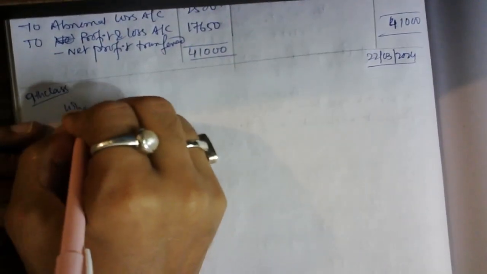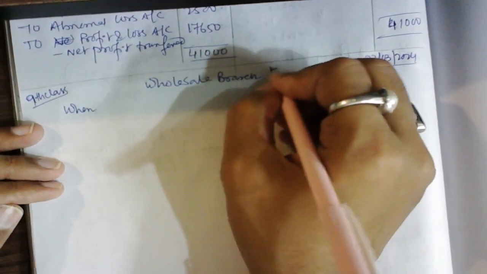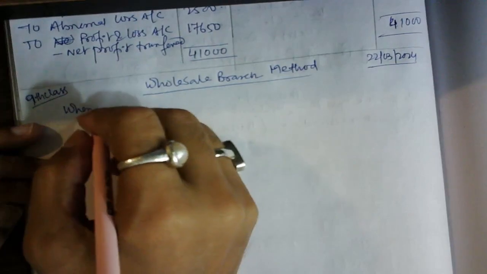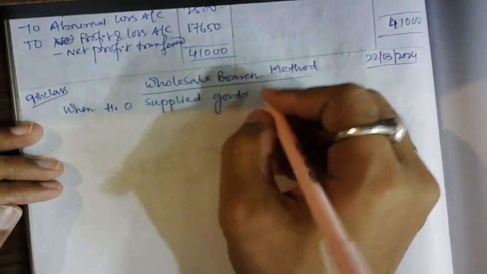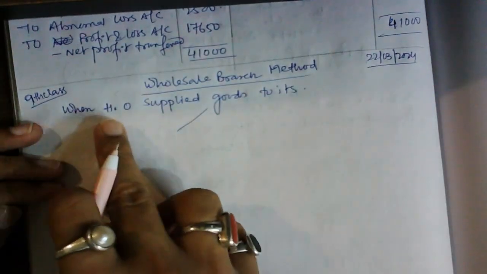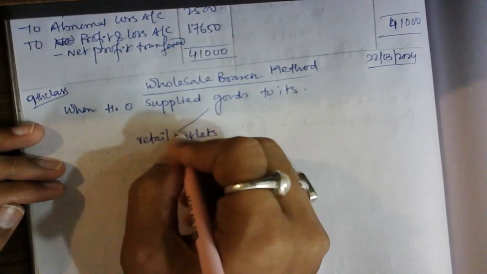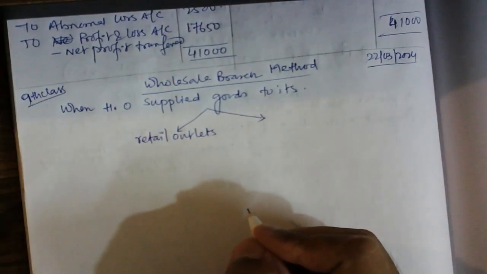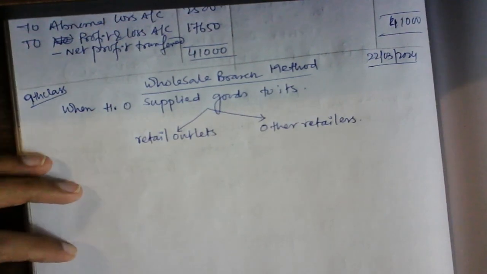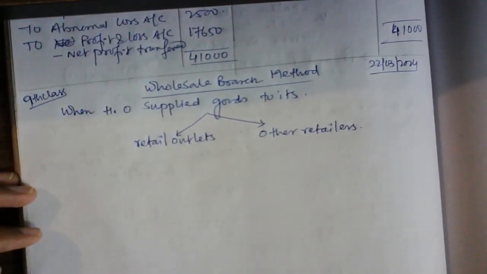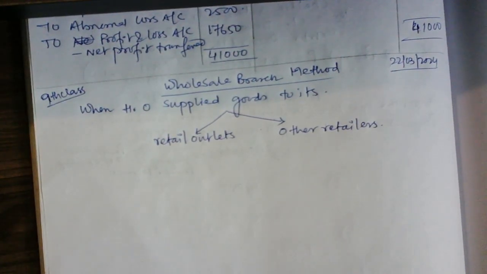The concept of the wholesale branch method: when HO, the head office, supplies goods to its retail outlets as well as other retailers, then it is the concept of the wholesale branch method.